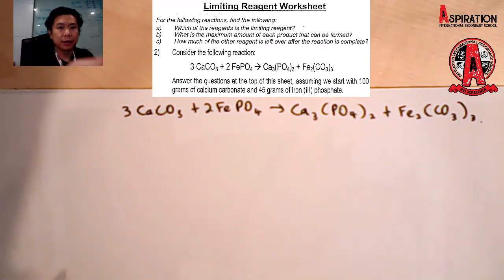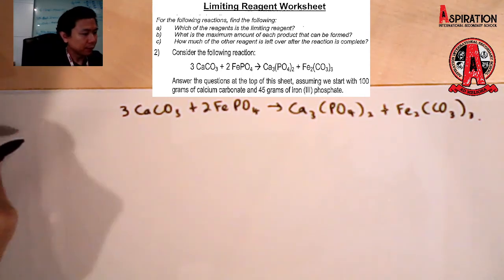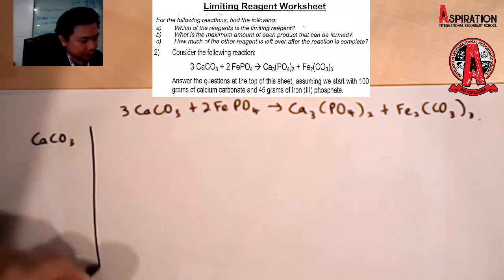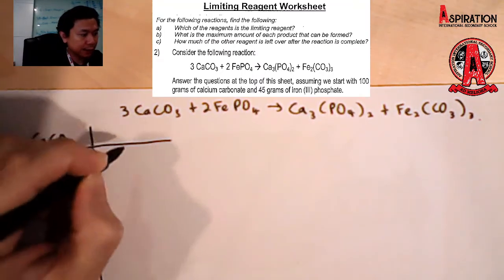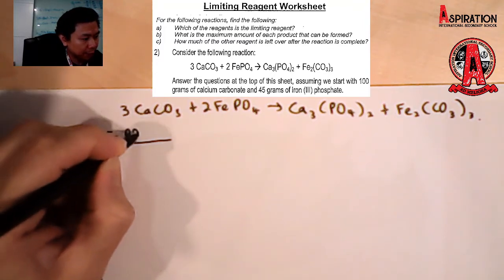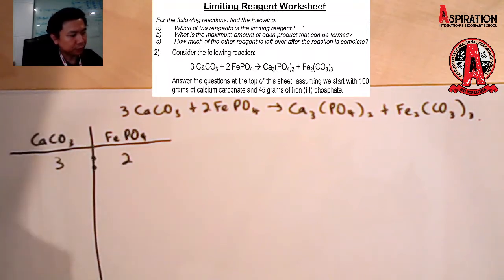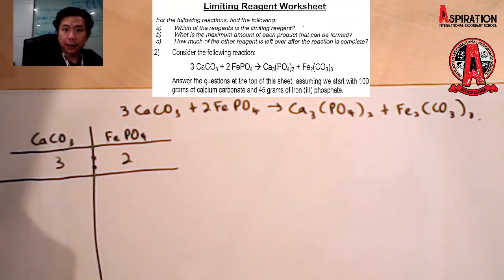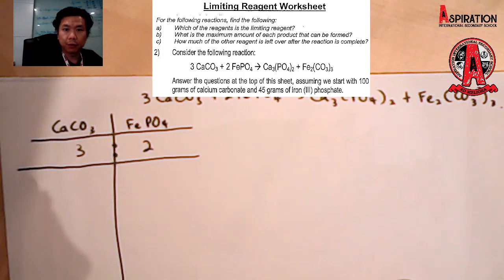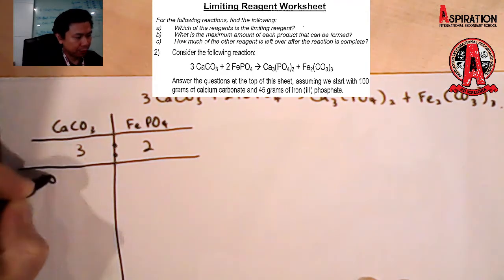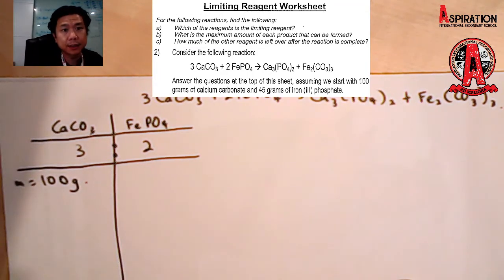So then again, let's find the moles and let's compare the moles of both reactants. These are the 2 reactants, calcium carbonate and iron 3 phosphate, and the mole ratio is 3 to 2. We are given 100 grams of calcium carbonate. Remember, if any questions, keep them coming in.